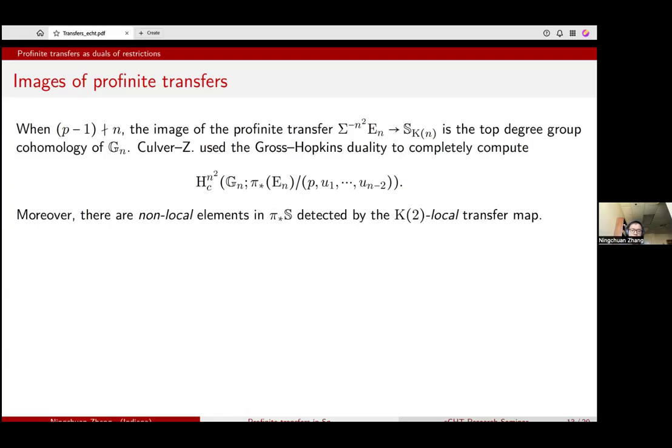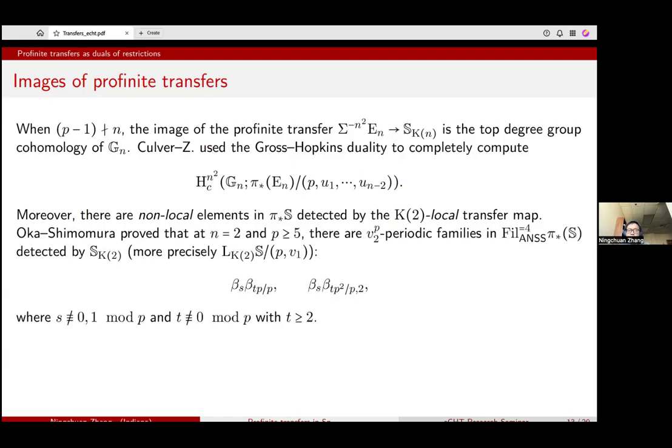And moreover, there are non-trivial elements in the stable stem detected by the Kn-local transfer map. In 1982, I think, Oka and Shimomura proved that at height 2, prime greater than 5, they are related to the beta families in Adams-Novikov filtration 4 detected by the K2-local sphere, or really the K2-local Smith-Toda complex. Since those are filtration 4, after K2-localization they are still in filtration 4.